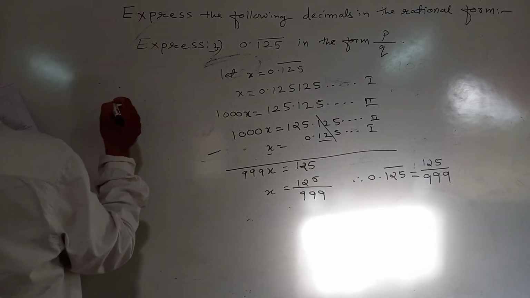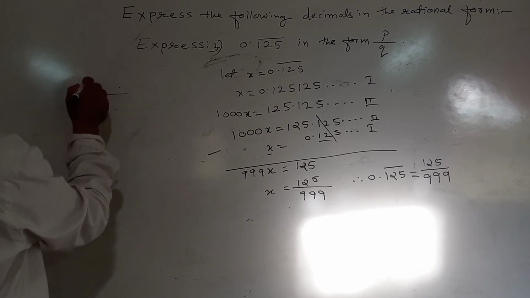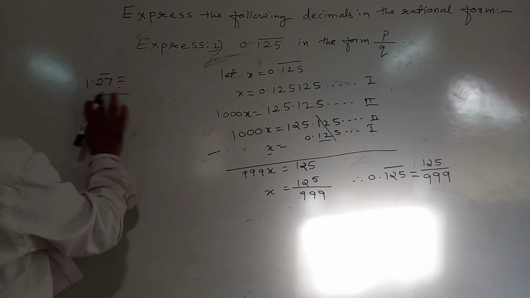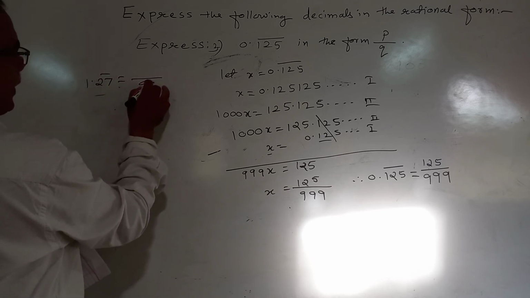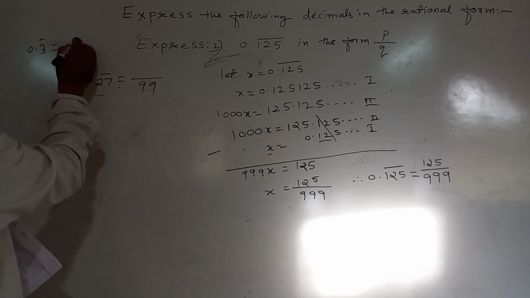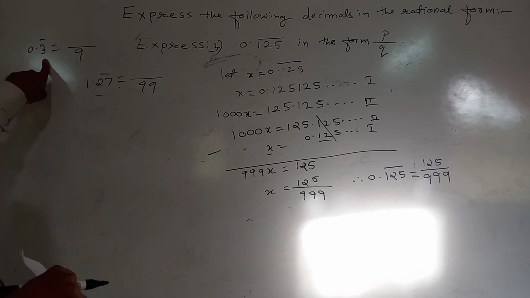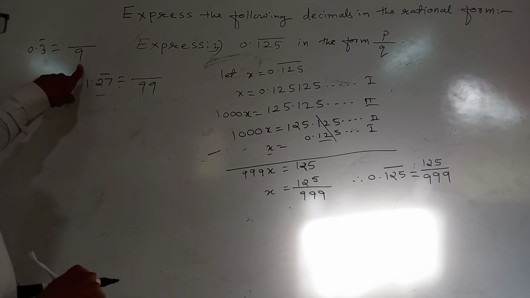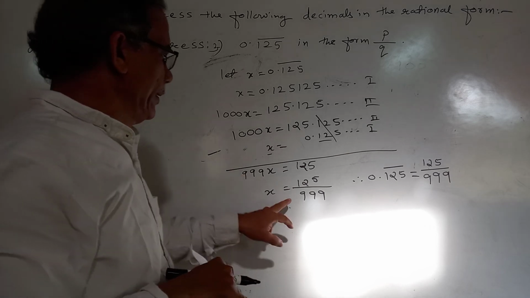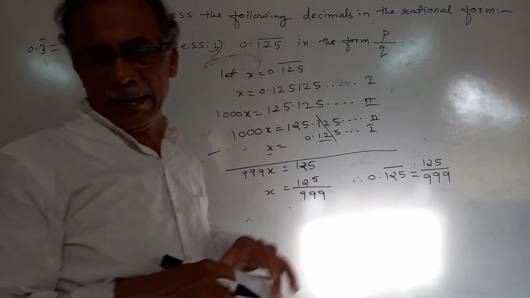In the second example you are getting that 2 digits were recurring, so 1.27 is equal to something upon 99, and 0.3 you are getting upon 9. So if only 1 digit recurs, you get upon 9, 1 time. If 2 digits recur, you get upon 99, 2 times. If 3 digits recur, you get upon 999. Like that, you should remember.